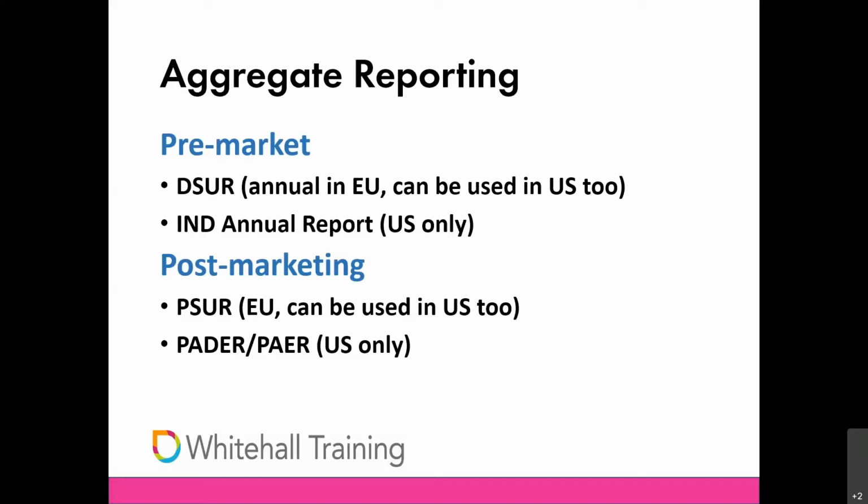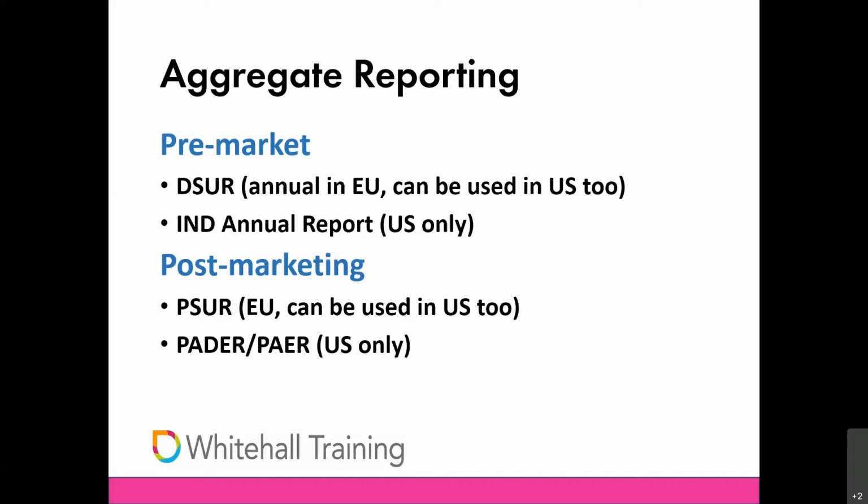And if you remember, I mentioned the form 3500A. Each adverse event in the PADER also includes a form 3500A. So it's the same form whether you're aggregate reporting or expedited reporting in the US.